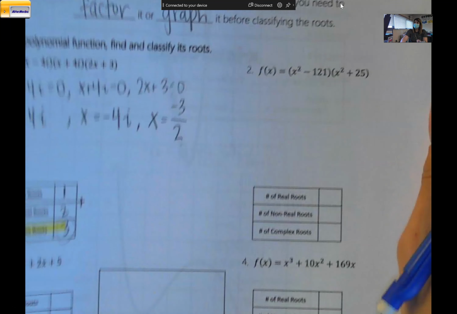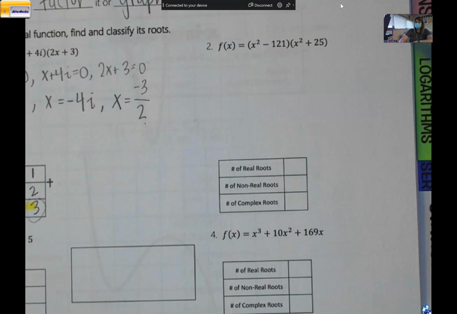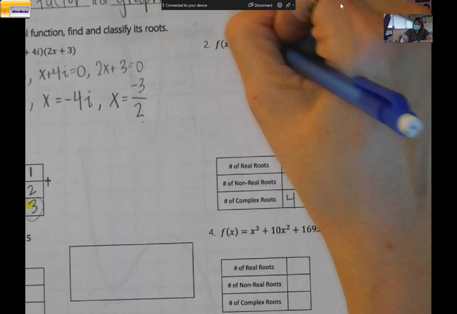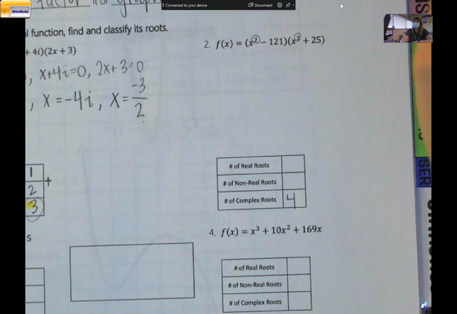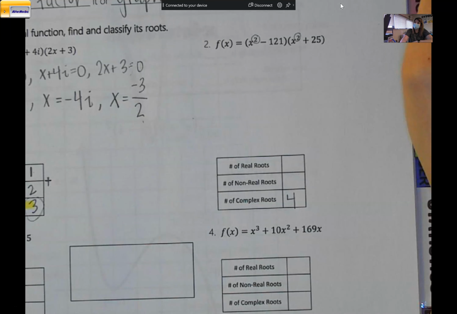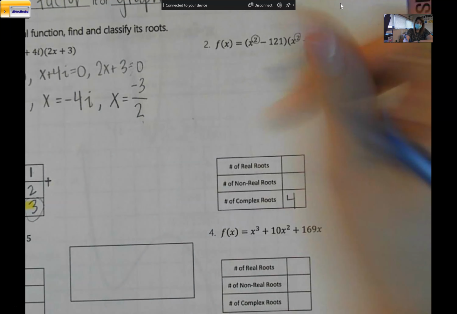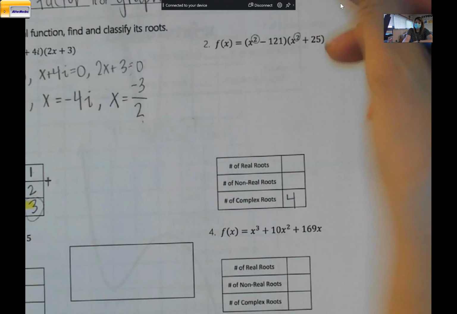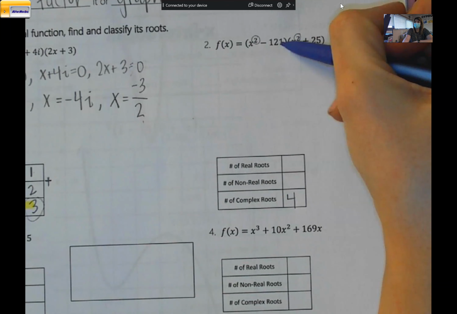So on number 2, what is our total number of roots going to be? 4. You have 2 here, 2 here. Okay, well now we're supposed to factor these, but the good news is these are special, meaning you root the first term and you root the last term.